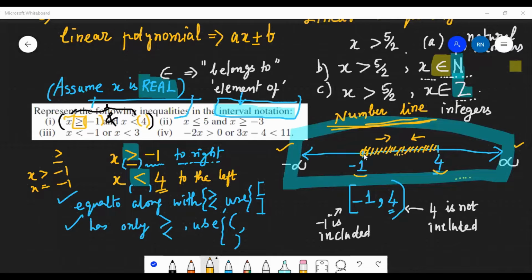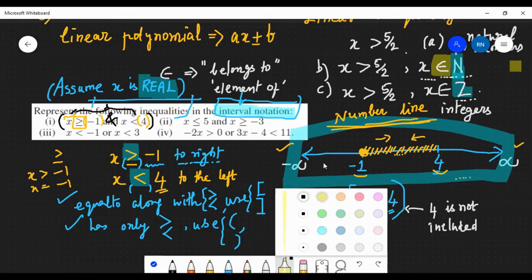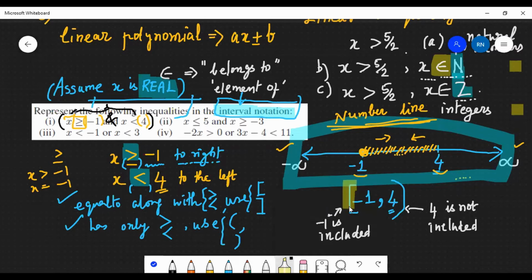I have shown minus 1 by a rounded dot, but I have not placed a rounded dot at 4. As the rule says for interval notation, whichever number is included should be indicated by a square bracket at that end. That's why we have drawn a square bracket.